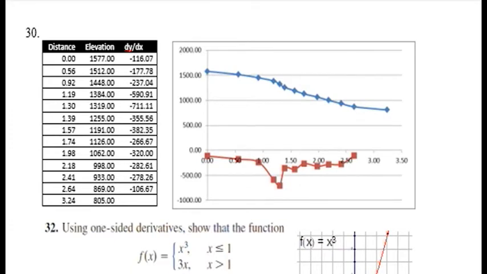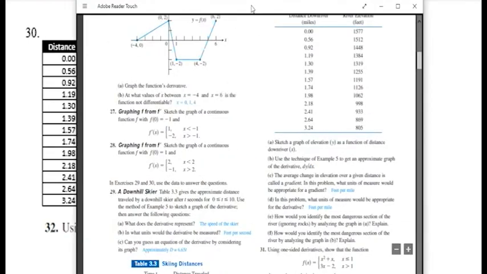Average change of elevation is called the gradient, right? What is the measure? Okay, so average change is the rate, so it's like feet per mile, right? Because one is feet and the other is mile, if you look at the book.